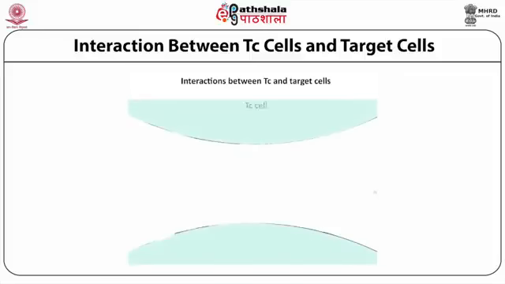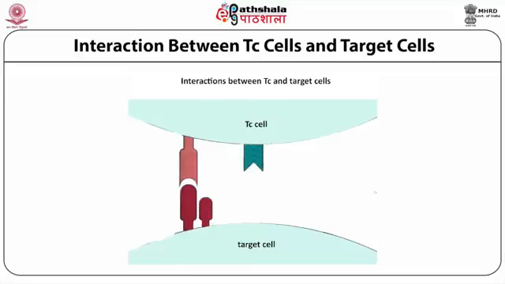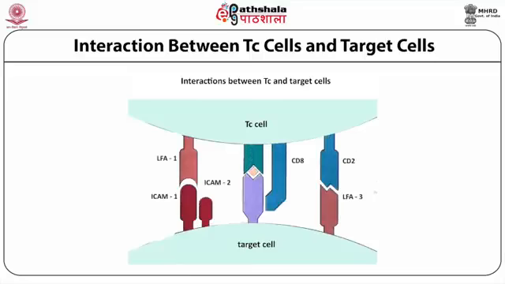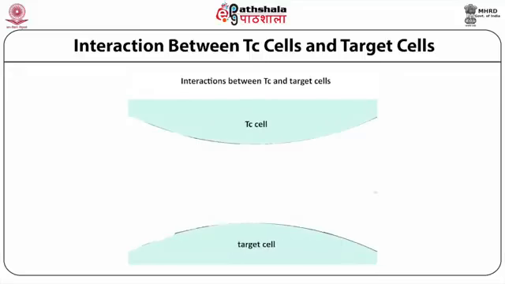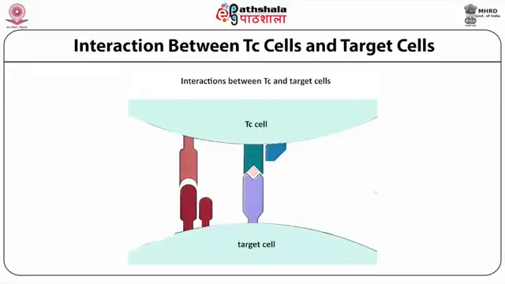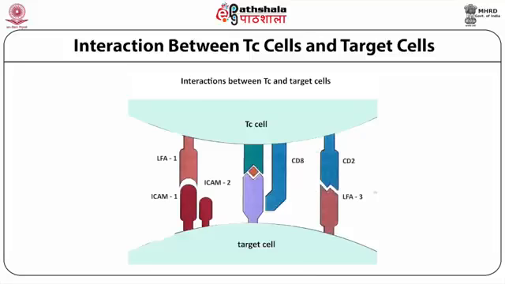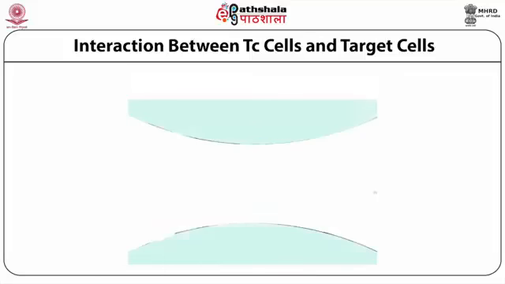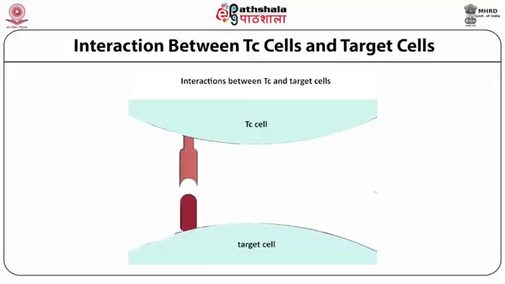To distinguish it from ADCC, it should be very clear that Tc needs to see the antigen on the surface of infected cells. That's a critical design which enables a Tc cell not to start attacking uninfected cells under normal circumstances.